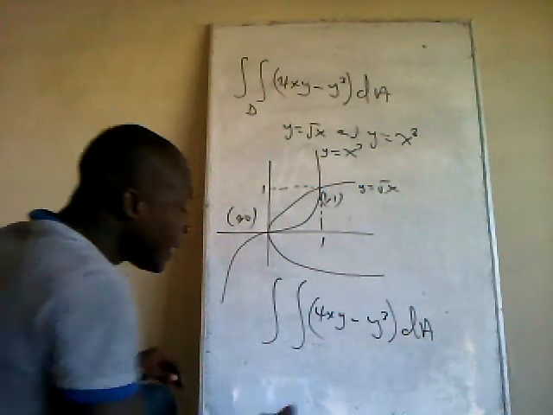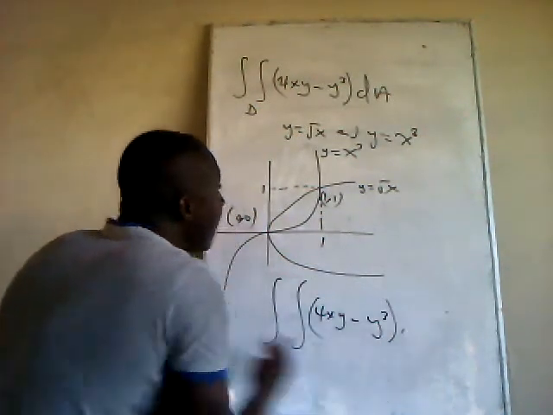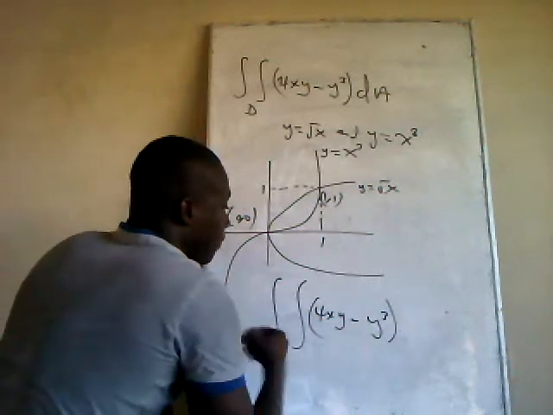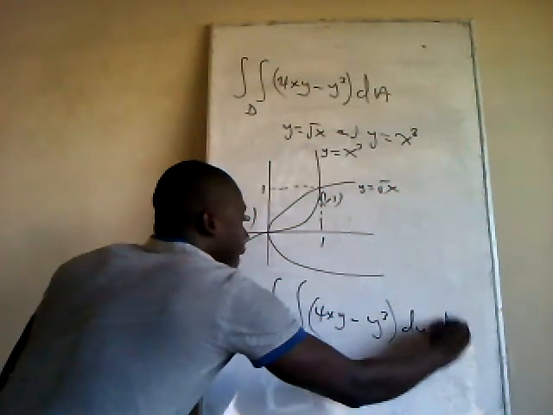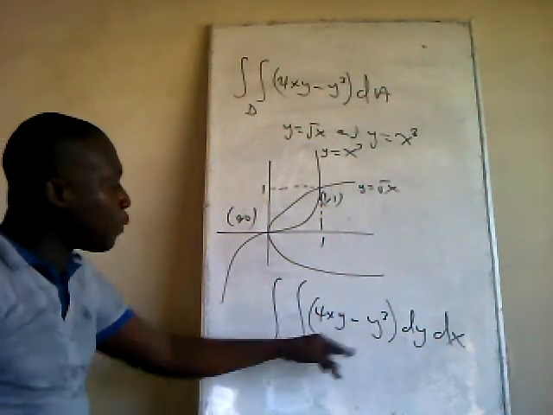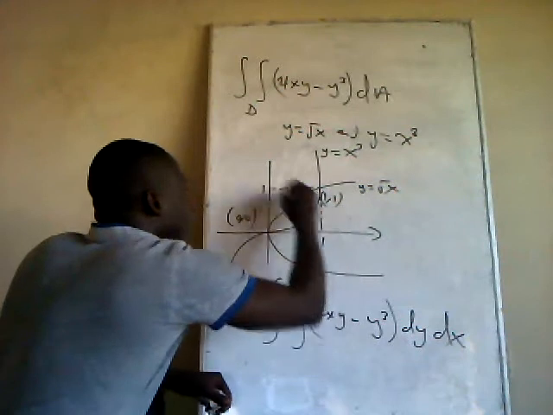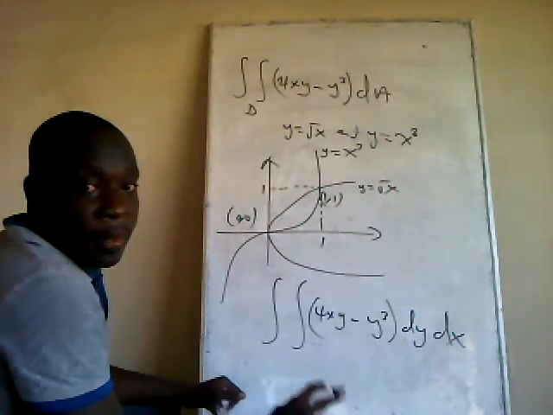Now, let's say first we want to do this dy dx. If we want to do this first with respect to y, then with respect to x. This is it. Now, what's the trick?